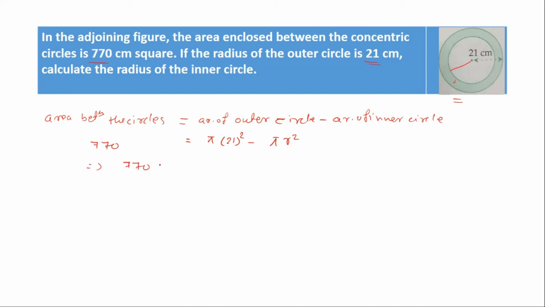Or we can write 770 is equal to, if we take pi common, and if we put the value of pi, it will be 22 by 7 into 21 square is 441 minus r square, or we can write 441 minus r square is equal to 770 into 7 by 22.